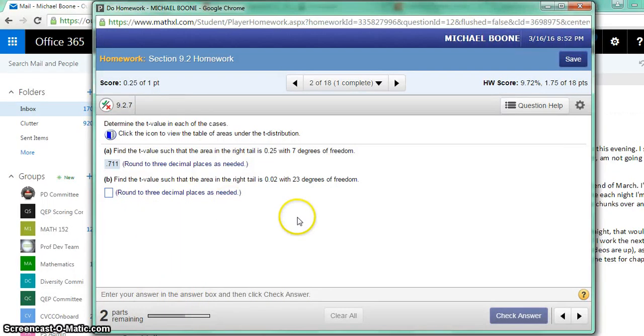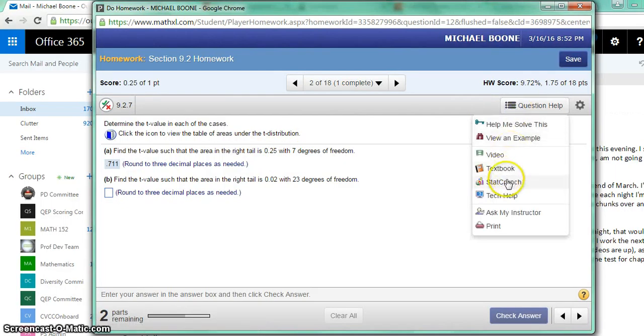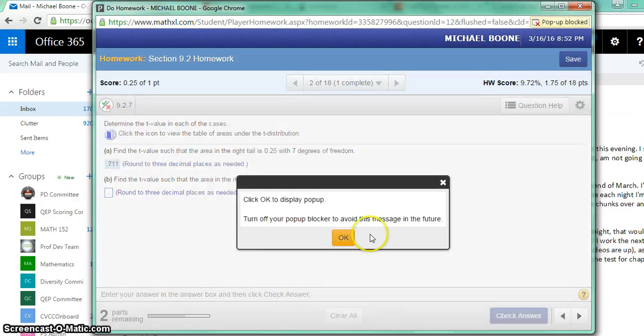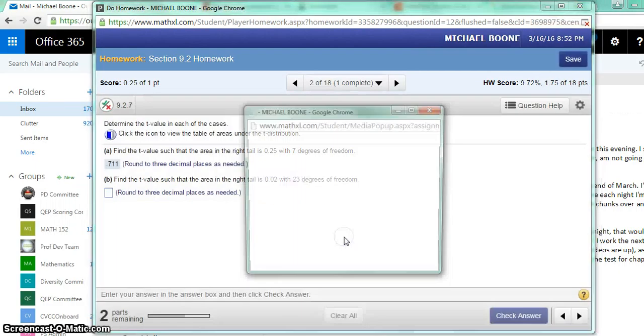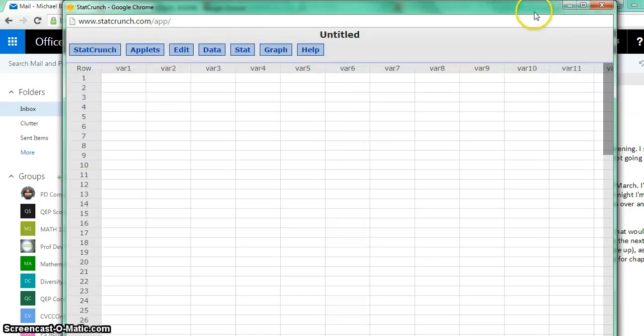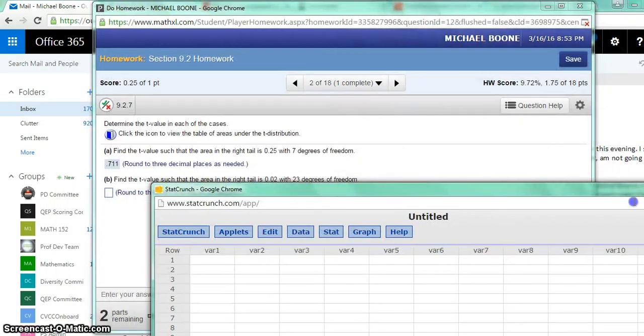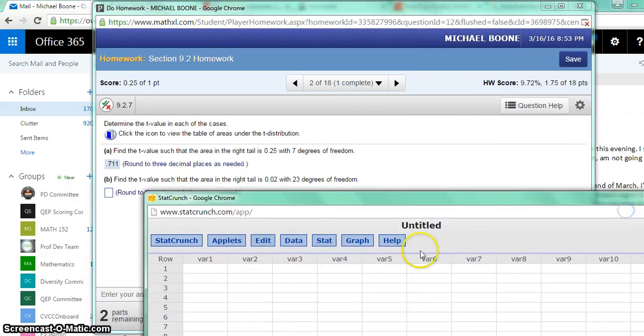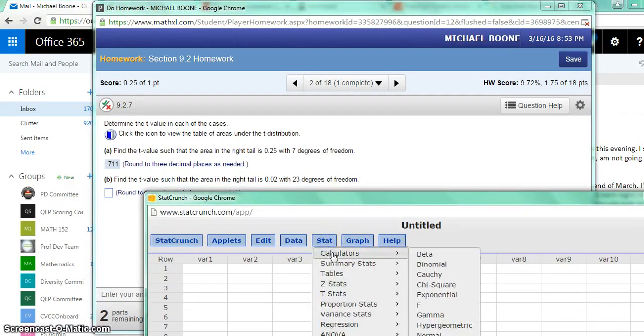All right, so we had done one of these to find the t-value, since the area to the right is 0.25. So on StatCrunch, we're going to look at this and again go to our t-distribution. So we're going to go to the calculator and it's a t.